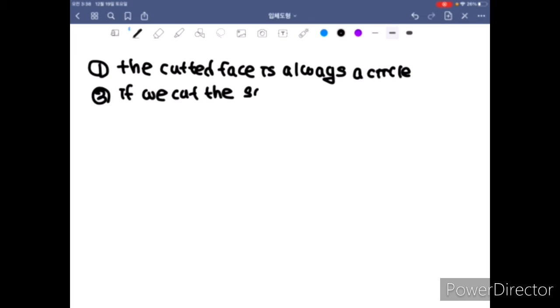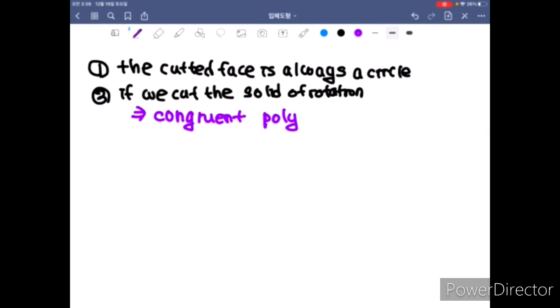Secondly, if we cut these kinds of solids of rotation, then what will we get? Yes, we will get a congruent polygon, which will be an equilateral triangle or a rectangle, or from the sphere we will get a circle, and we will sometimes get a quadrilateral, which has 4 sides, because of the truncated cone.